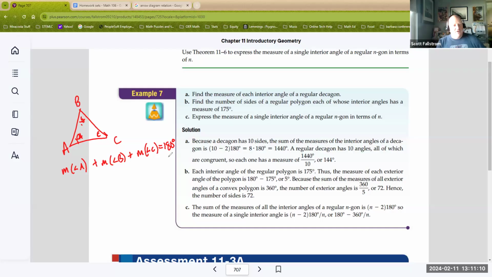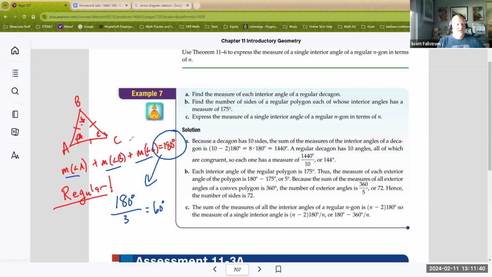If we know those equal 180 degrees, and then I tell you that the polygon is regular, remember the definition of regular means all the sides are the same length and all the angles are also congruent. So you could say, wait a minute, if all these are congruent and there's 3 of them, then each one must measure 180 divided by 3 if they're all the same. And 180 divided by 3 is 60 degrees. So if you have a regular triangle, this tells you it's going to be 60 degrees for each.